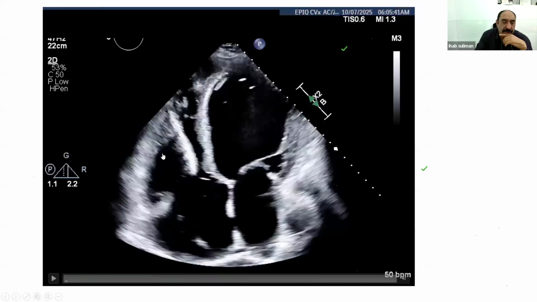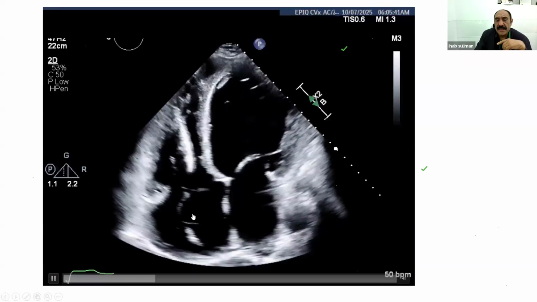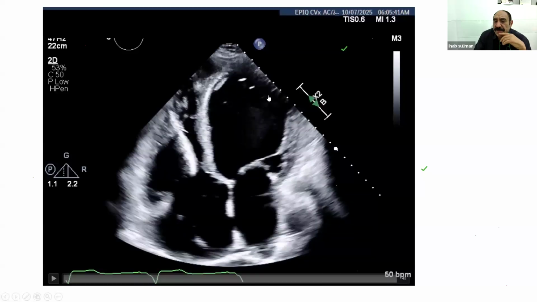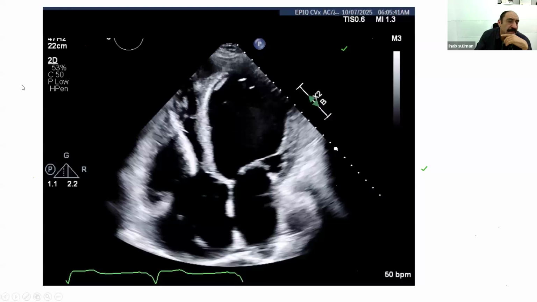So I am going to show you his next echo. This is what we call a 4-chamber view, and this is his AICD CRT wire. What is this? So this is the left ventricle. This is LV.